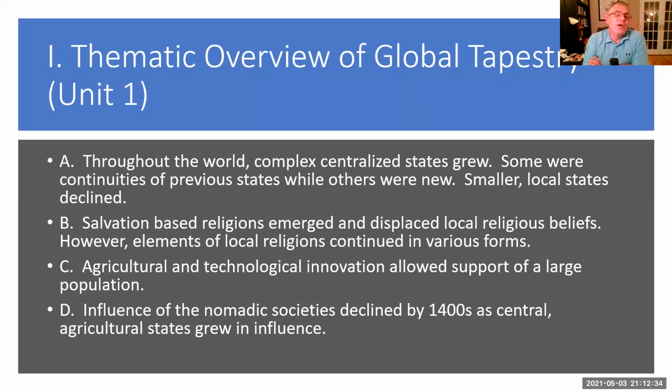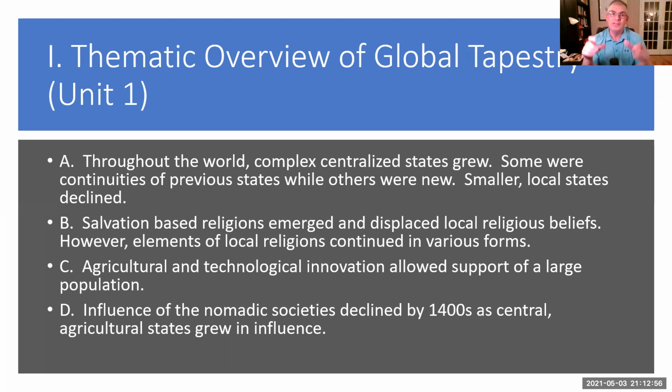So in terms of a thematic overview of this unit, one, throughout the world, complex centralized states grew. So you have much more centralized empires or states or governments, whatever you call them. Some were continuities of previous states while others were new.